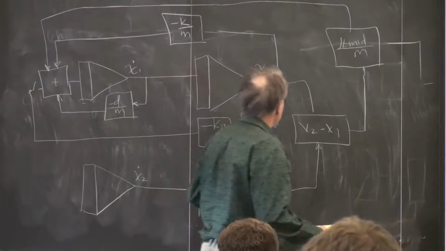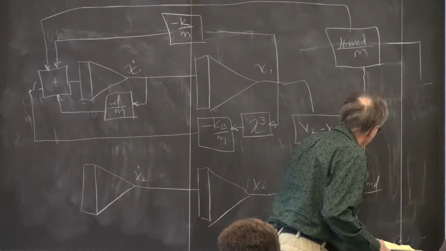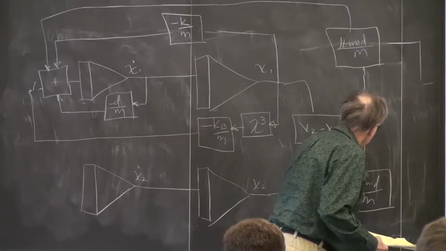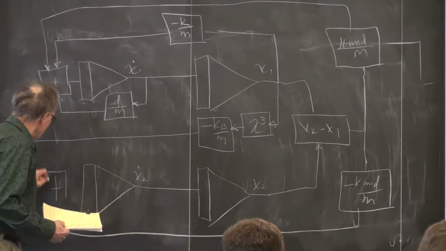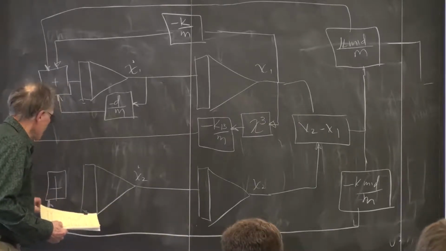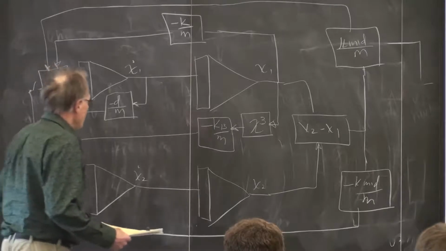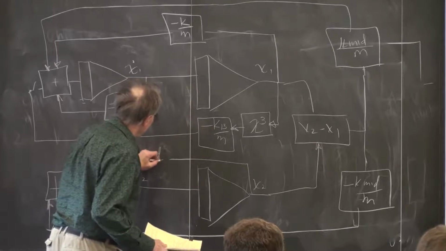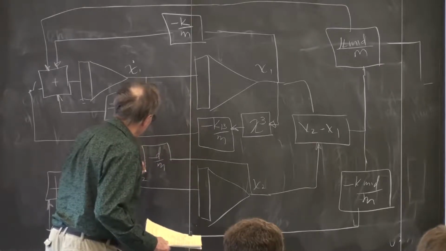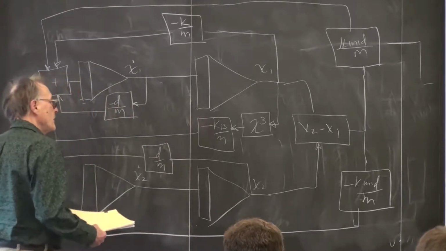And minus k mid over m fed back here. There'll be no cubic term on the bottom spring, but there will be a feedback for minus d over m here.